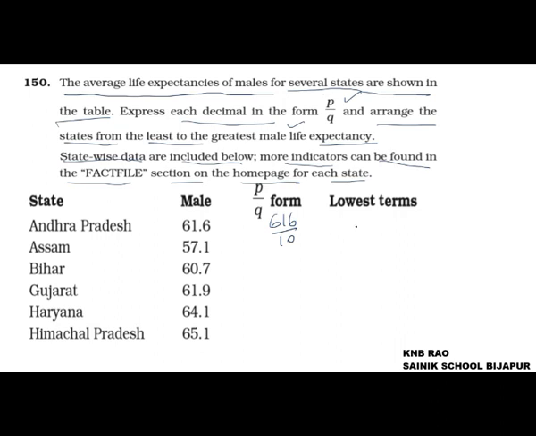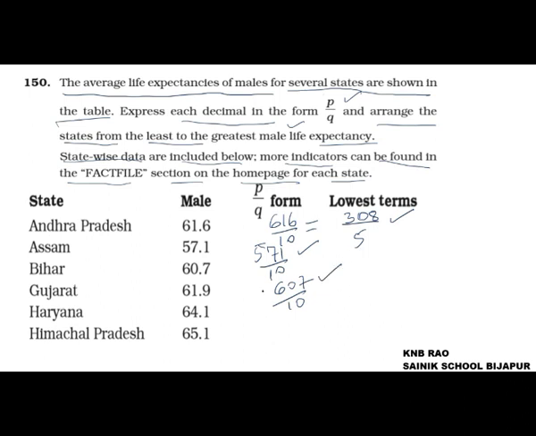And if you want to write it in lowest form, cancellation to be done, which is equals to 2 5s are 10, 2 3s are 6, 2 0s are 0, 2 8s are 16. So 308 upon 5. Similarly, 571 upon 10 for Assam. Since it is already in simplest form, we need not convert it. Next, 607 by 10 for Bihar.